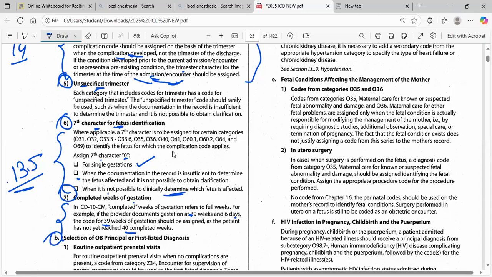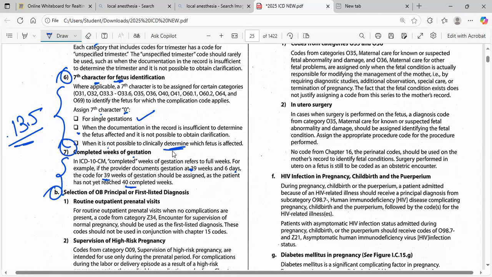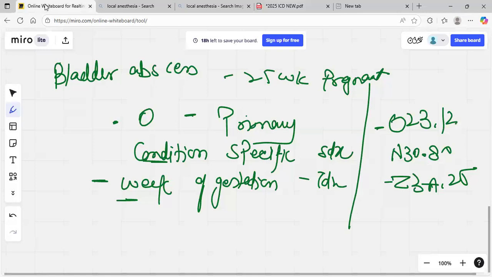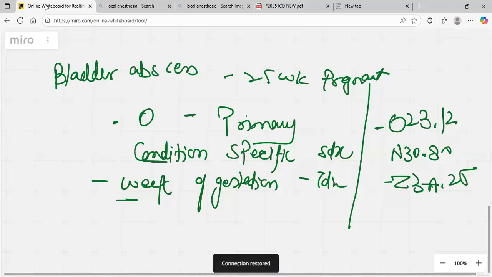Now let's move further. Next, we have selection of OB principal or first listed diagnosis.